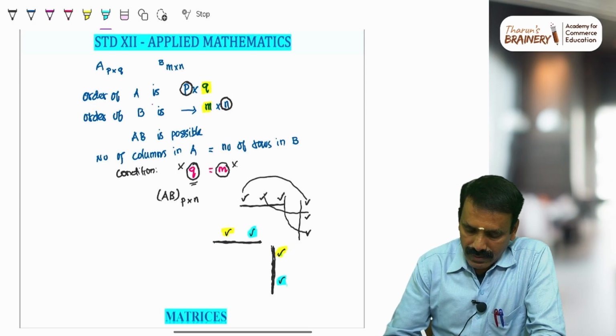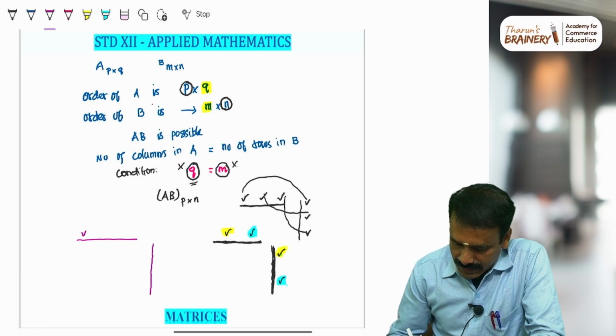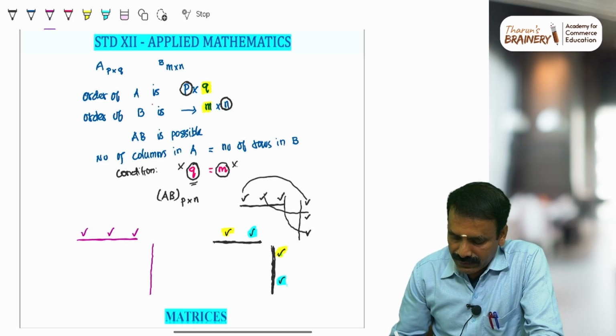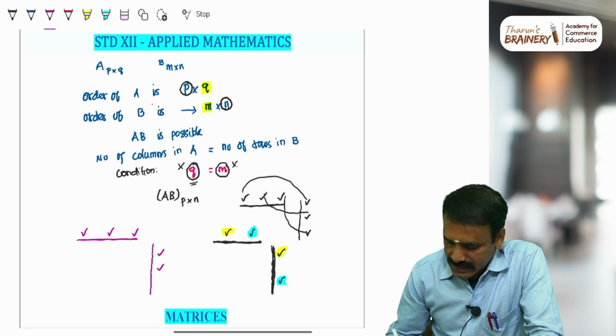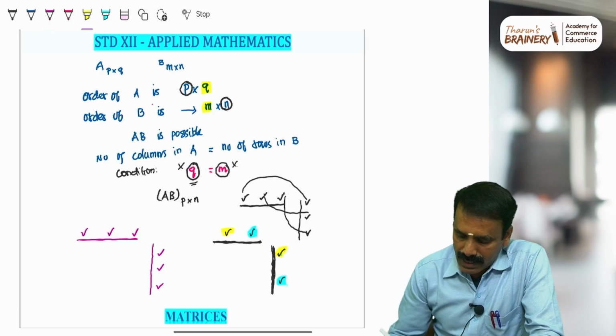Suppose we are going to have 3 columns in the first matrix, then definitely we must have 3 rows in the second matrix. Okay. Now how to multiply? Same process.